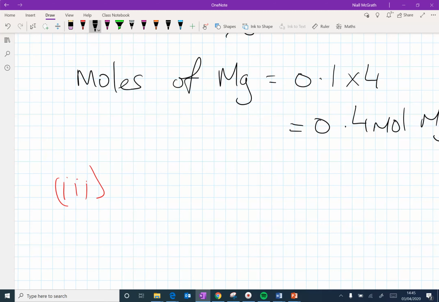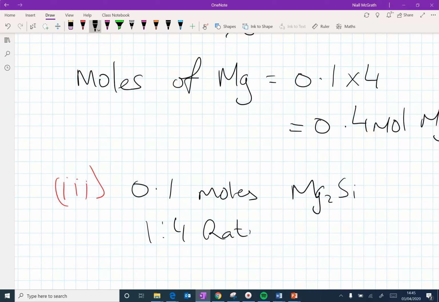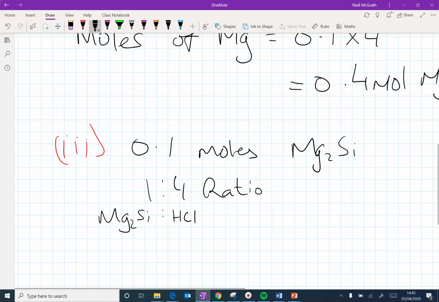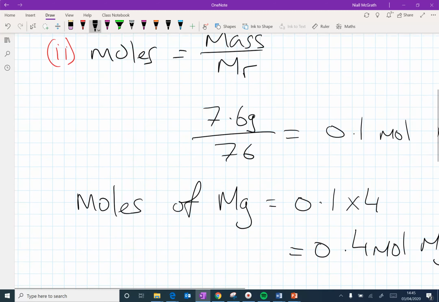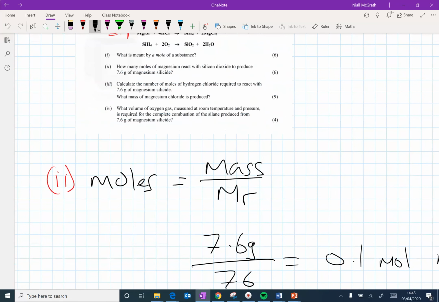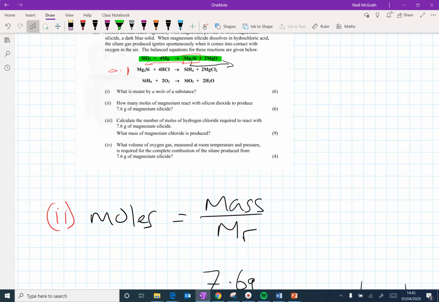So if we just write it down: from part 2 we know that there's 0.1 moles of the Mg2Si. There's a 1:4 ratio. So again we're multiplying by 4, and there's 0.4 moles hydrogen chloride. Now, the next part of the question says what mass of magnesium chloride is produced.